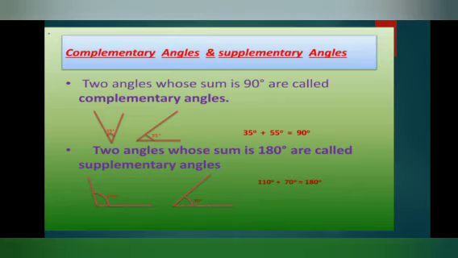If so, they are called complementary angles. And next is supplementary angles. When I add two angles, the sum has to be equal to 180 degrees. Such angles are called supplementary angles. So 110 plus 70 will give you 180 degrees. If the sum is not equal to 90 degrees or 180 degrees, they are not going to be complementary or supplementary.